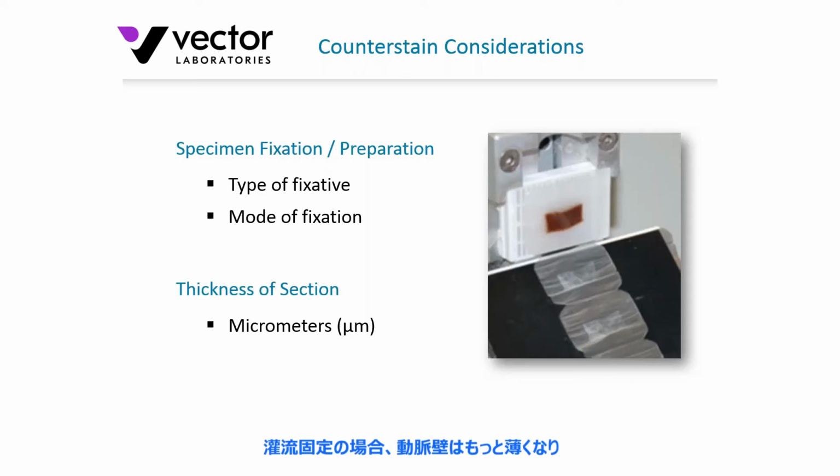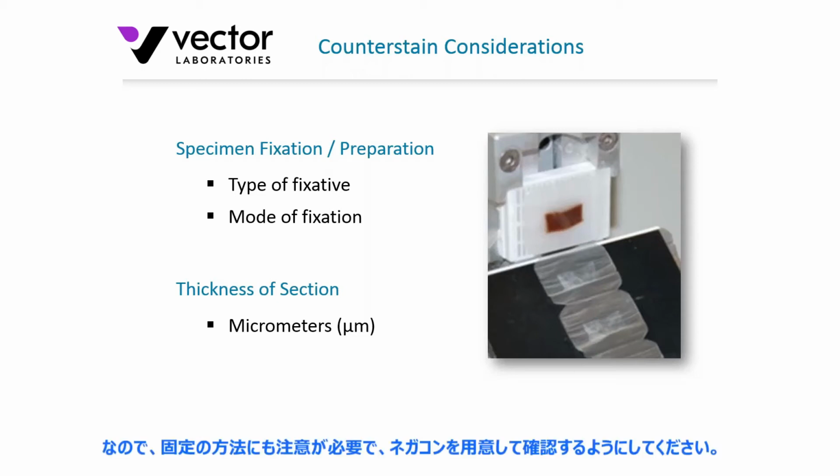If that was perfuse fixed, then that particular arteriole would be much thinner walled, and the nuclei that you'd be targeting with the counterstain would be more spindle-like, they're squished, if you will, and that would affect the uptake of the stain. So just be aware also of the mode of fixation when you go to look at it, and also when you run that negative control.